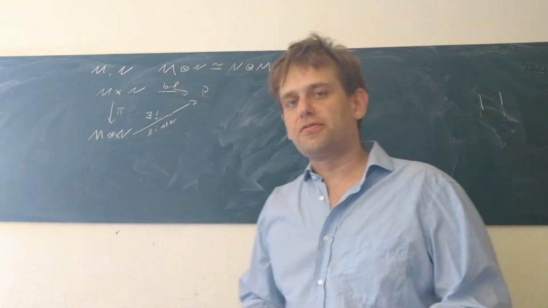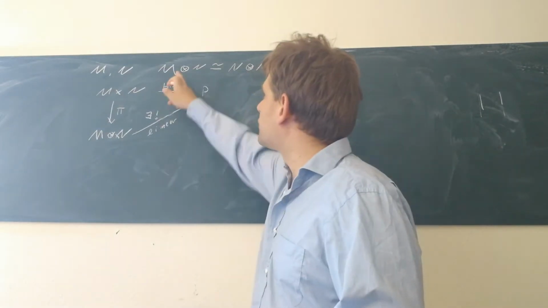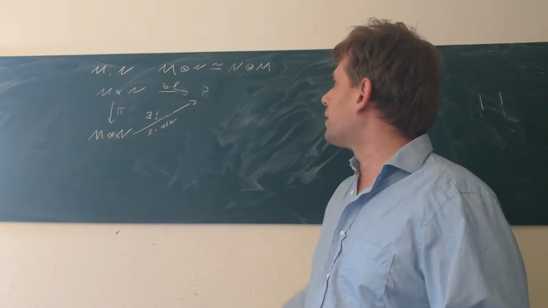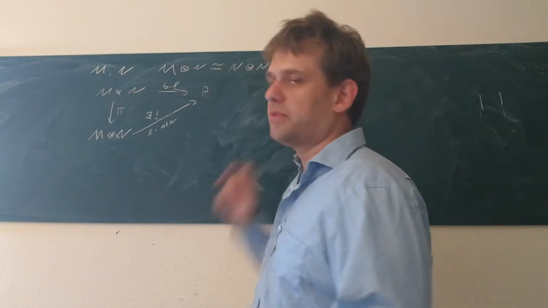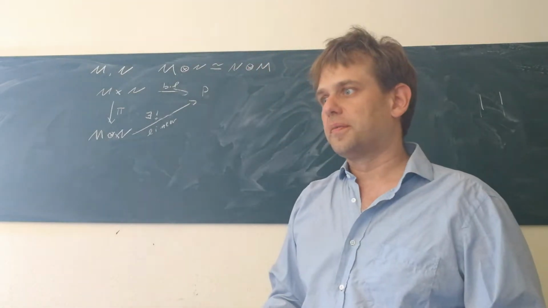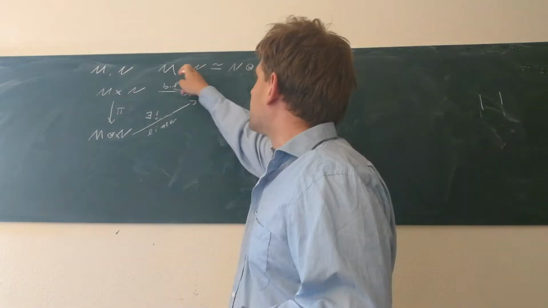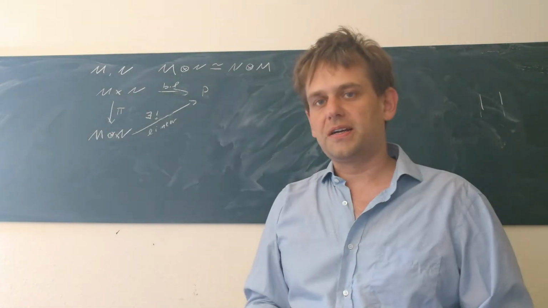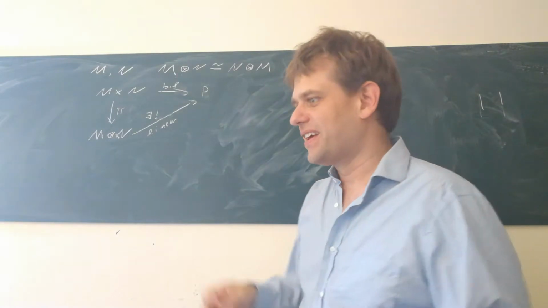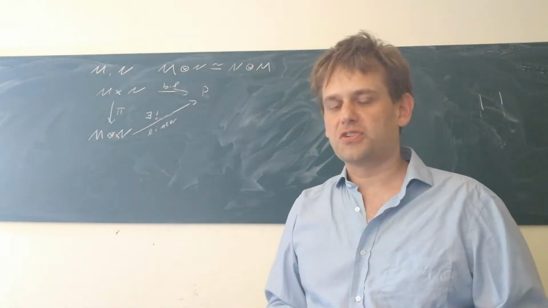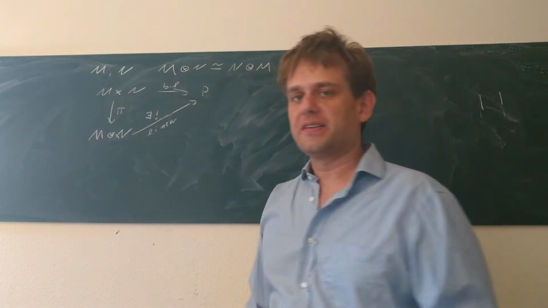And our plan is the following. We are going to show this on a generating set for M tensor N or N tensor M respectively. And since these modules are generated, of course, by the generating sets, if we show this on the generating sets, we will have shown this on these modules.